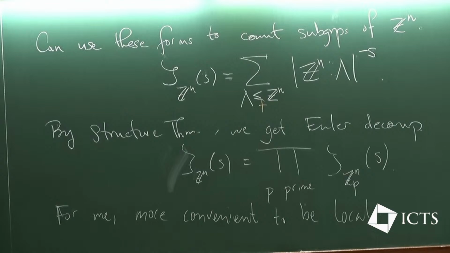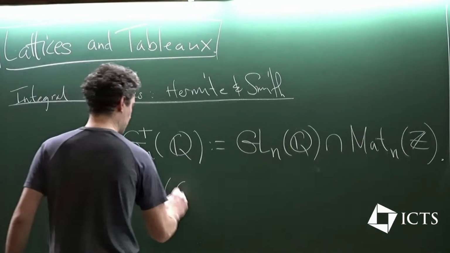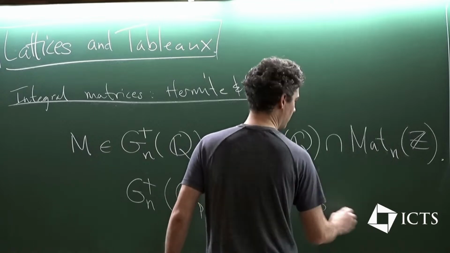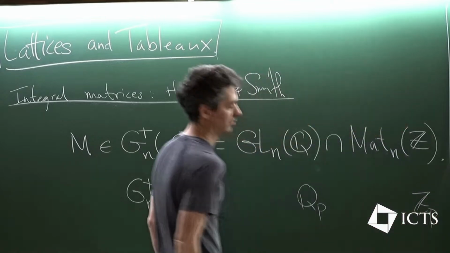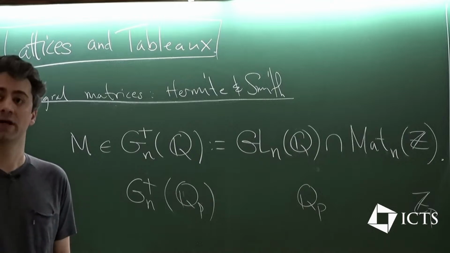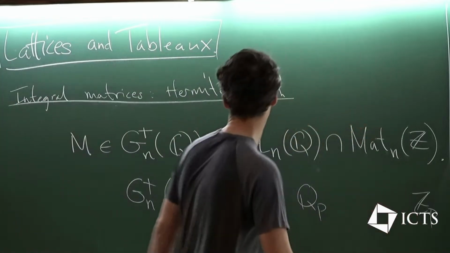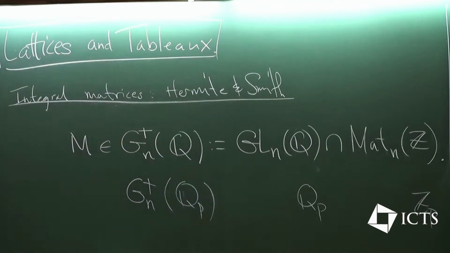So instead of looking at this G_n plus Q, I'll be looking at G_n plus Q_p, which would be exactly the same, except you've got a Q_p here and you have a Z_p here. All right. So I'm going to be primarily talking about p-adic lattices in order to understand these integral matrices.